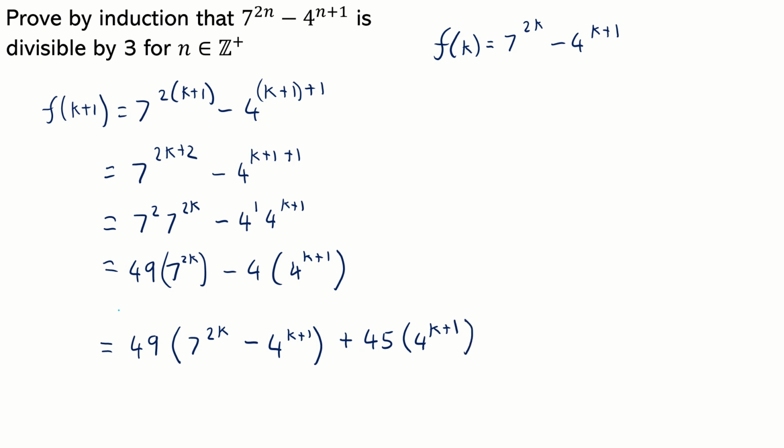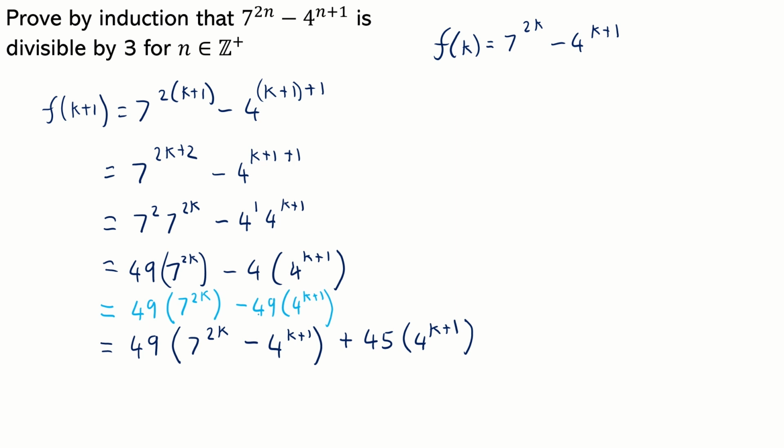However, some of you might not be entirely happy with just jumping to that, so you're welcome to do this extra stage here to help know that that's an extra plus 45 added onto the end. The way I can work that out is I realize we've got the 49 lots of 7 to the power of 2k. I know I'm going to want to subtract 49 lots of 4 to the power of k plus 1, so that I've got 49 lots of both things. So I've got 49 lots of f of k.